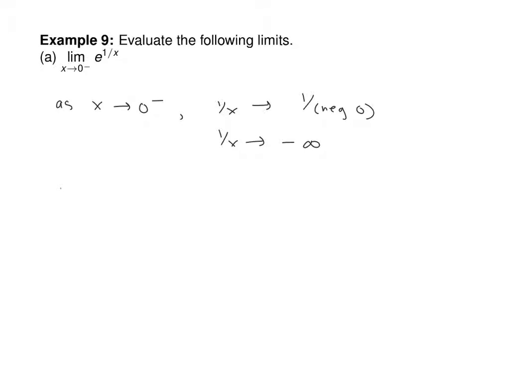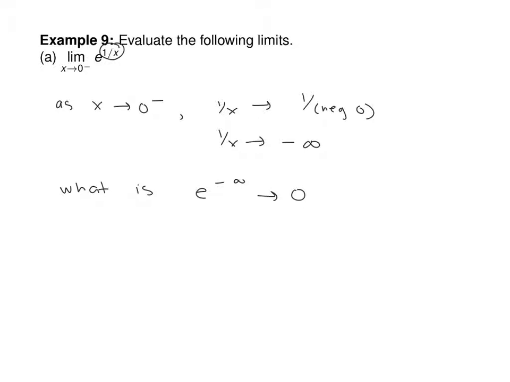And so what is e to the negative infinity? It's kind of bad notation, but if you take e to bigger and bigger negative numbers, this is going to go to 0. Does that make sense? You can look at what happens to the inside.